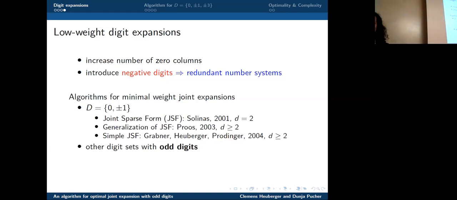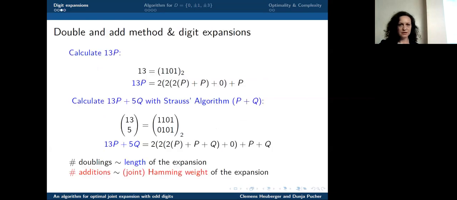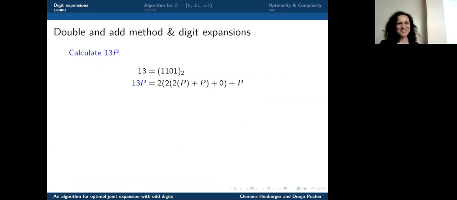Sorry, can you motivate again the negative digits? Why does it make sense? Because in elliptic curves, a point subtraction is computationally as expensive as point addition. You can see it, for example, here.